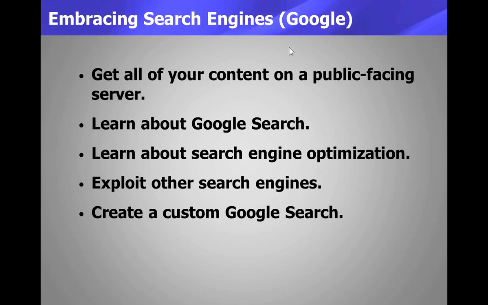And so there's one thing that has to happen in order for your information to be visible to Google, and that's for it to be on a public-facing server. And if it's locked away in a silo, then Google isn't going to be able to get at it. So that has to happen first of all.